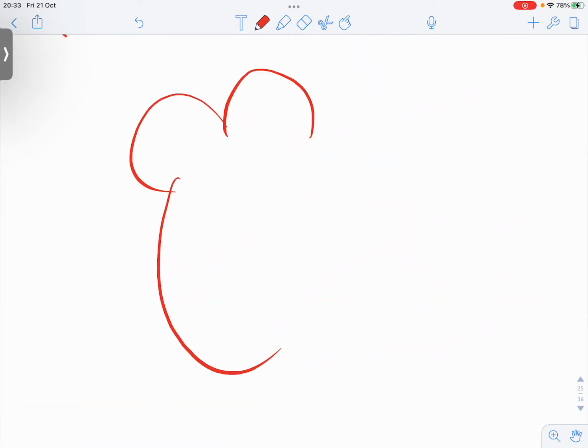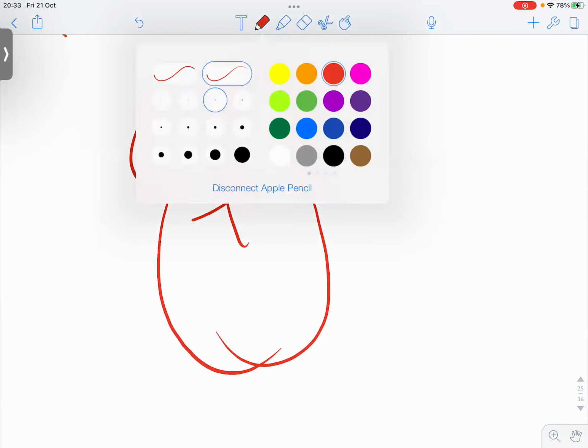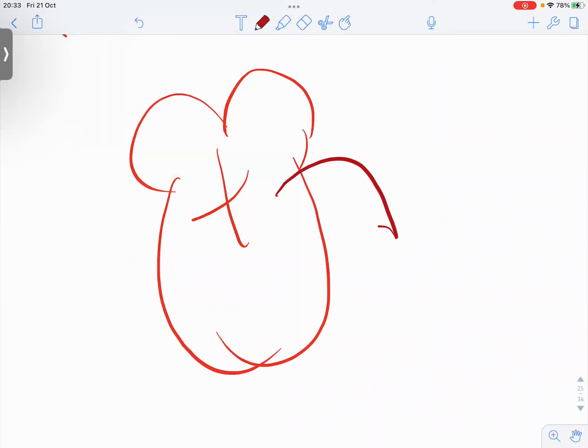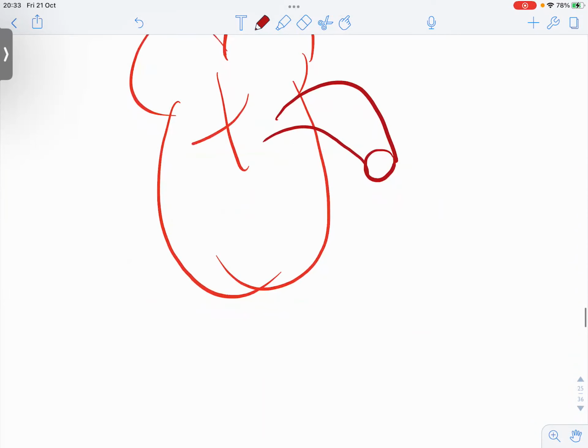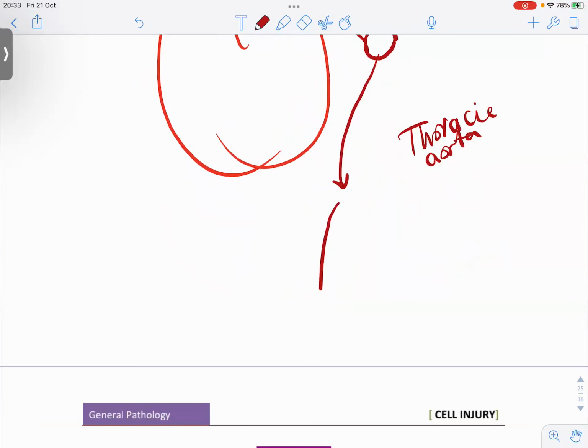This is the heart, and here we have the aorta. We know that the aorta goes to the thorax and gives a branch called the thoracic aorta. After that, it comes down to the abdomen and gives another branch called the abdominal aorta.